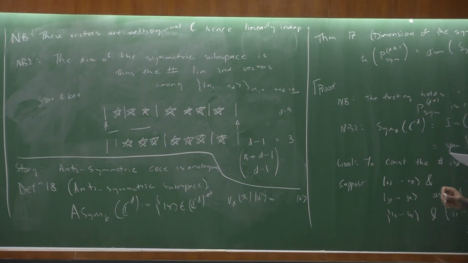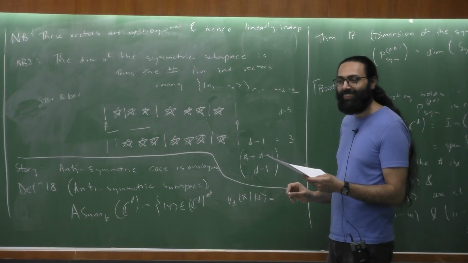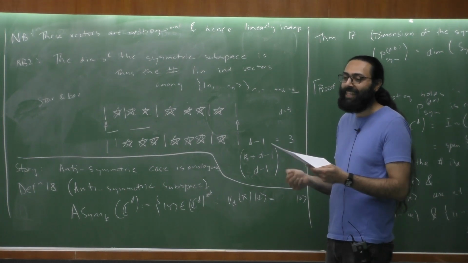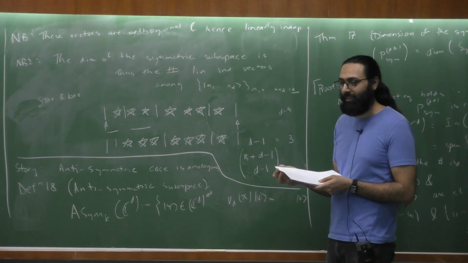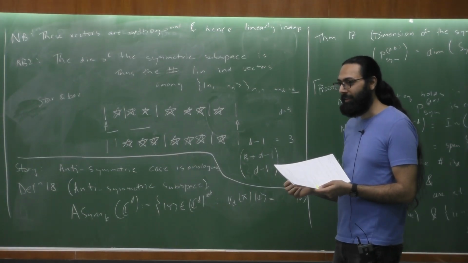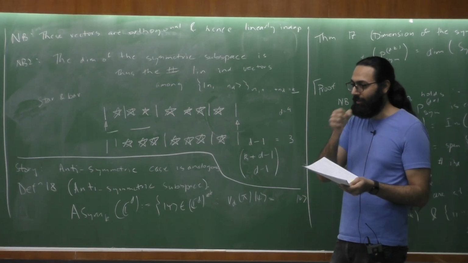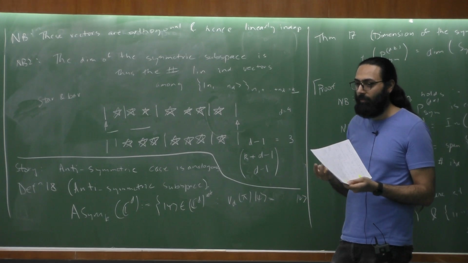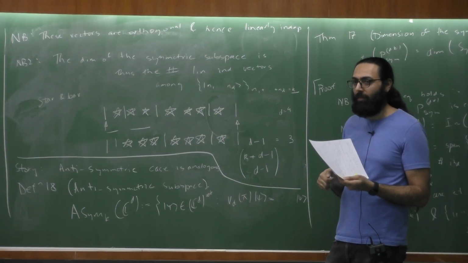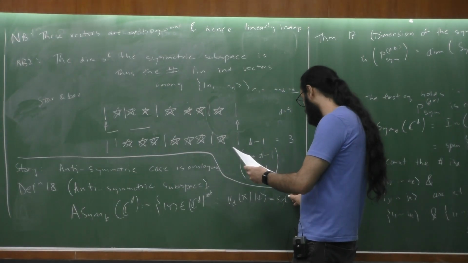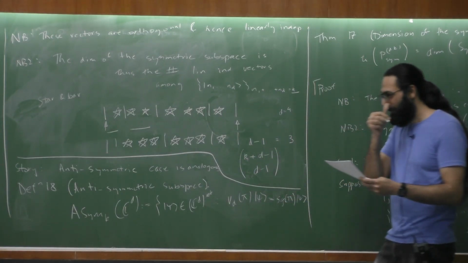What do you think would change? It's a sign, but it's not a minus sign necessarily. With antisymmetry, it will pick up a minus sign depending on the number of odd cycles in the permutation. It's just the sign of the permutation basically.